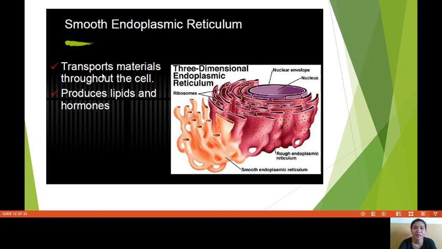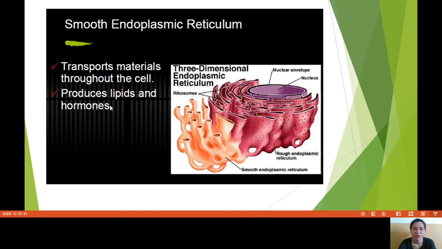So this one is the delivery guy, because it transports materials throughout the cell. It produces lipids and hormones. Look at this one, it's like a tunnel, like a road.